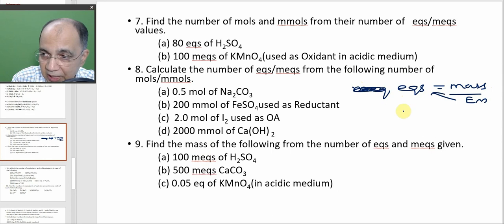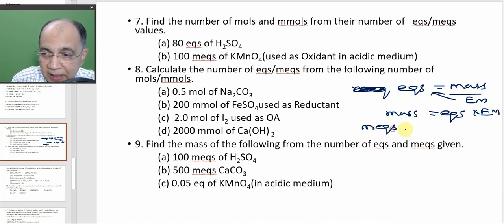Obviously, mass is equal to the number of equivalents into equivalent mass. Or if milliequivalents are given, then it has to be multiplied by 10 to the power minus 3 or divided by 1000.